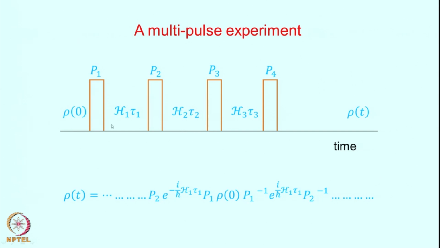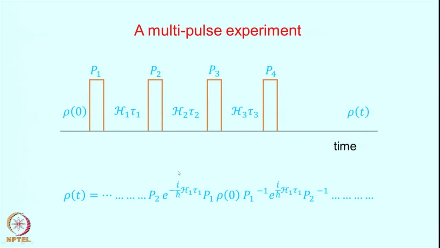Therefore, for any number of pulses we might have here, I can continue to calculate the evolution of the density operator through the pulse sequence, and finally I will get the density operator here, which is what I actually measure, and that contains the entire information about the evolution of the spin system through the pulse sequence.